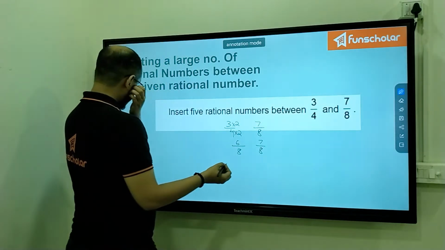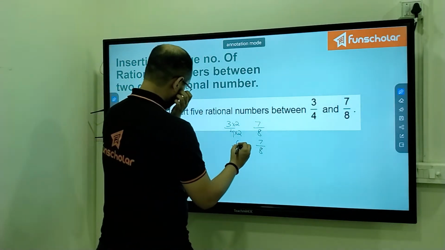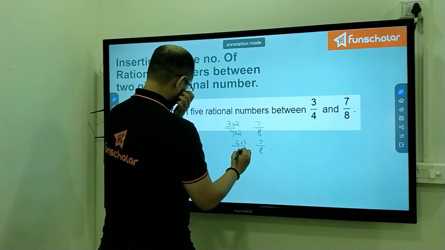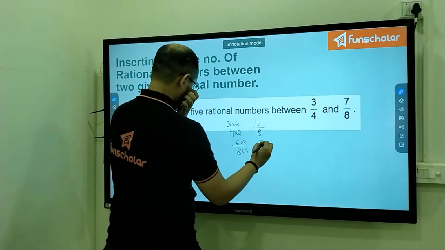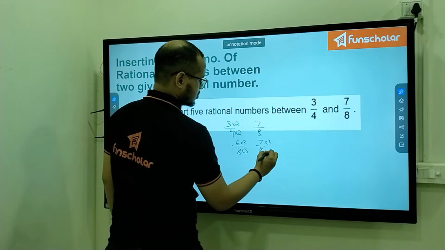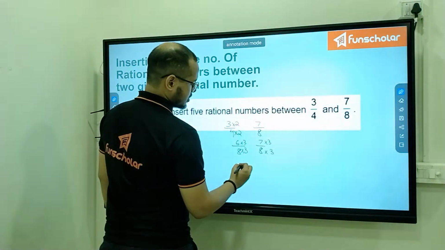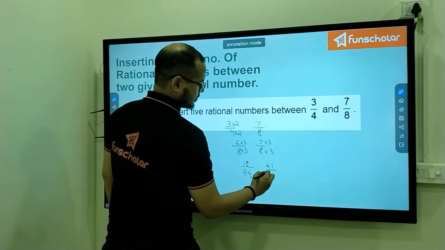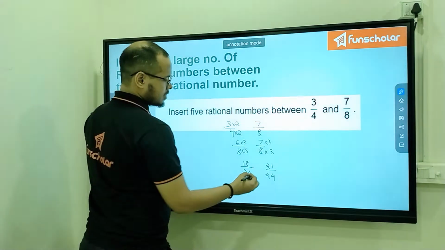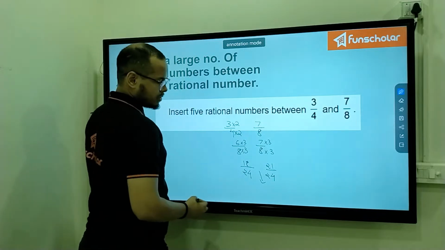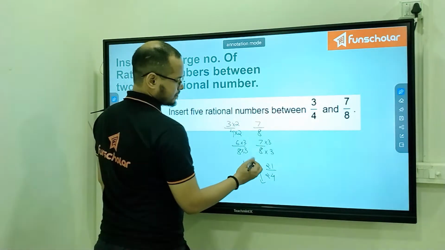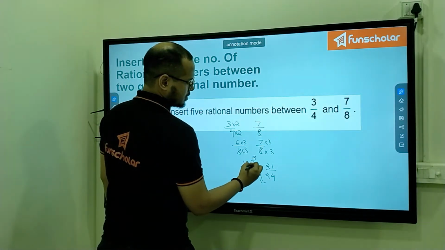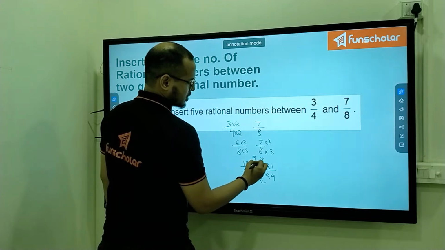So the LCM is the same for both of them. Now just multiply by 3, into 3, into 3. I'm getting 18 by 24 and 21 by 24. So I got numbers in between: 19 by 24 and 20 by 24.